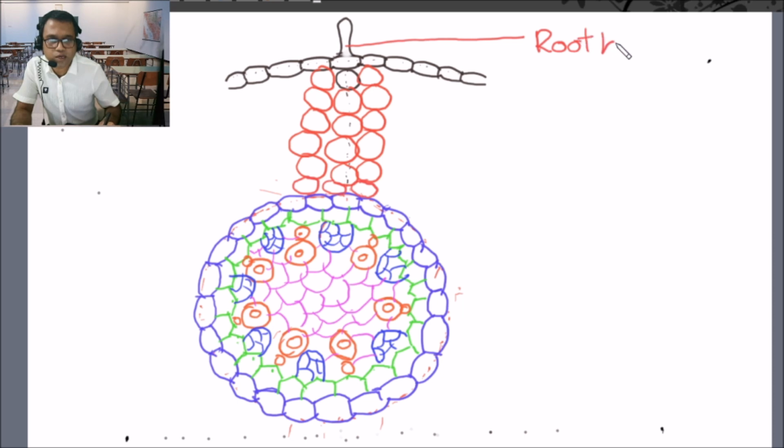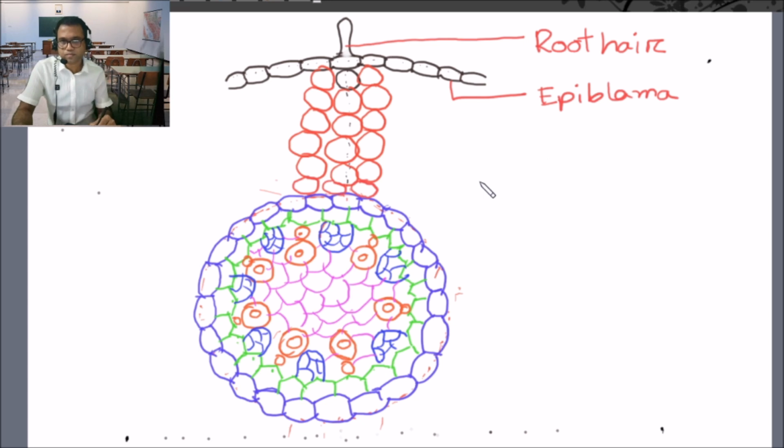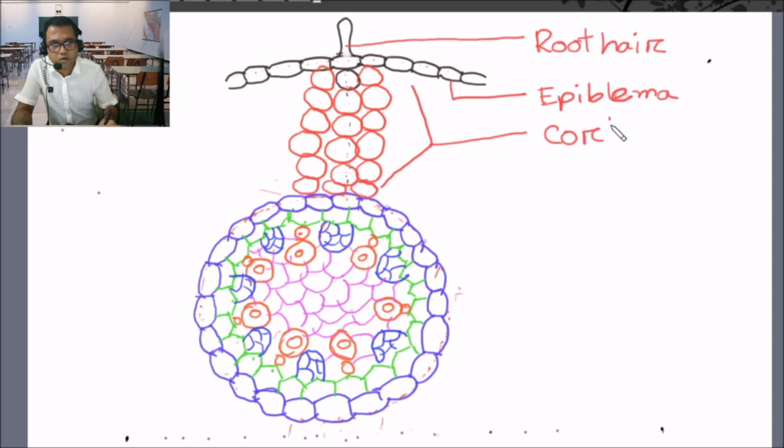And this one is epiblema. And this portion is known as cortex.